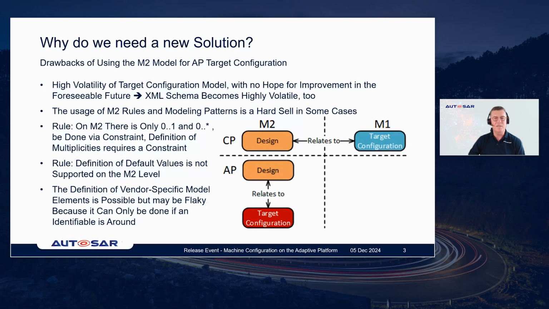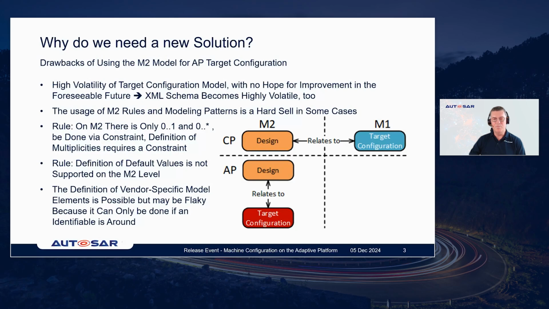As you can see on the classic platform, we have basically two major parts of the AUTOSAR model, which is design and target configuration. The design is placed on M2, target configuration is placed on M1.